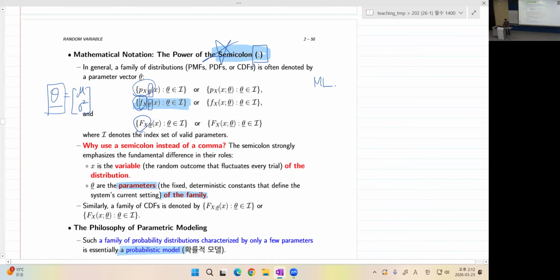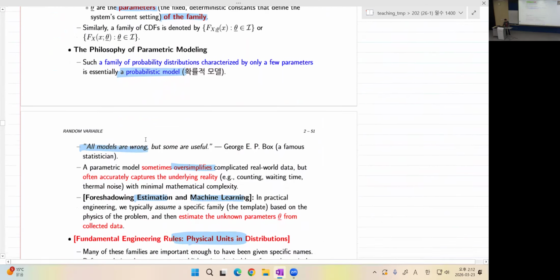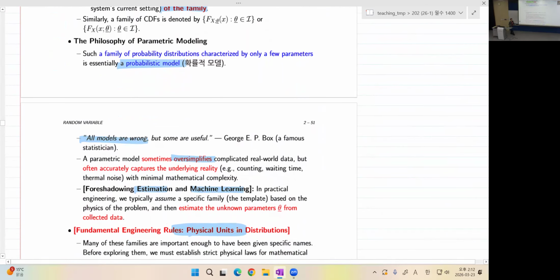So you have freedom. Why do we use this parameterized family? Because in general, a distribution, CDF, PDF, whatever, is so complicated. Just consider the PDF. Any non-negative shape that integrates to 1 can serve well as a PDF.